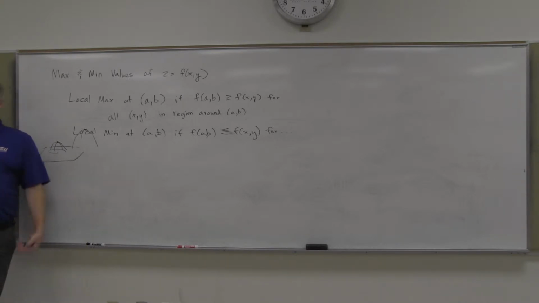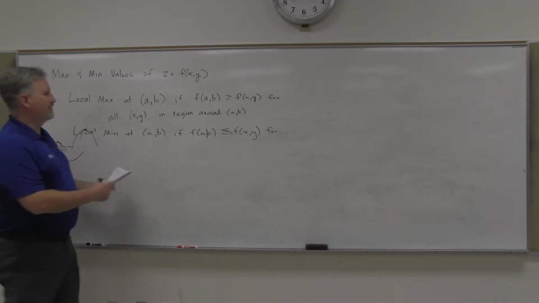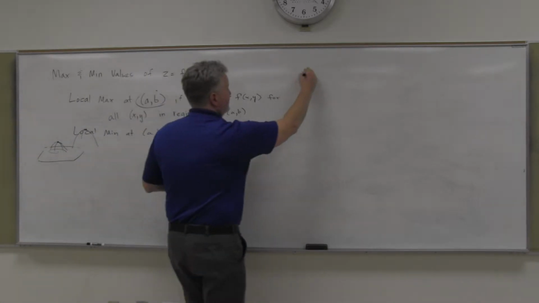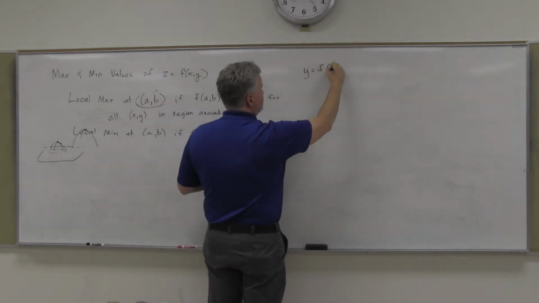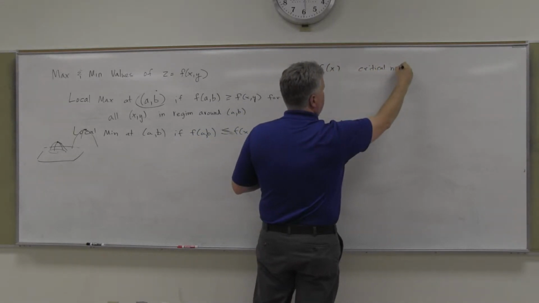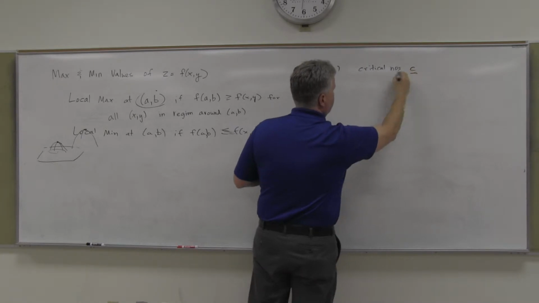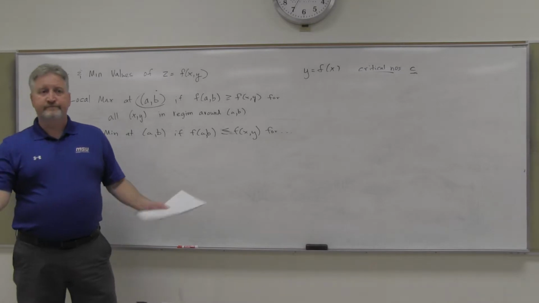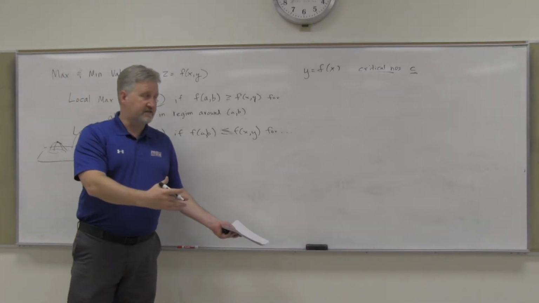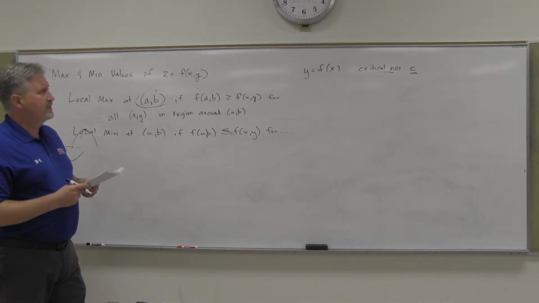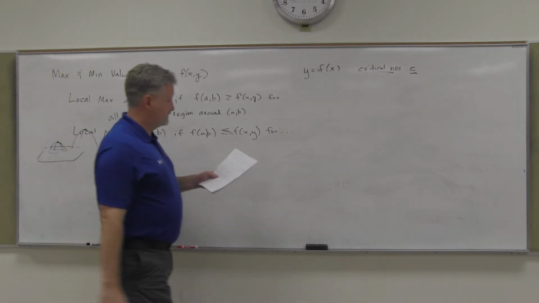All right, now, how do we locate these? Well, just like we did for y equals f of x, we look for those critical numbers, c. How do we get a critical number? The derivative equals 0, or the derivative does not exist. Well, for the two variable case, same thing.